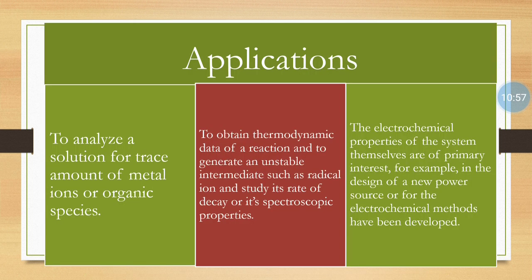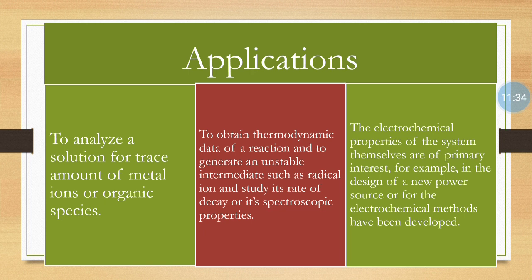General applications of all these techniques. These techniques are used to analyze a solution for trace amounts of metal ions or organic species present in the solution. It is also used to obtain thermodynamic data of a reaction and to generate an unstable intermediate such as a radical ion and study its rate of decay or its spectroscopic properties.